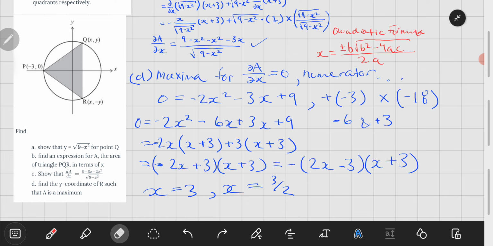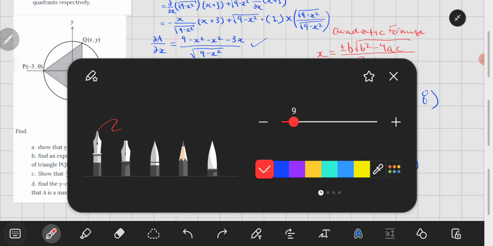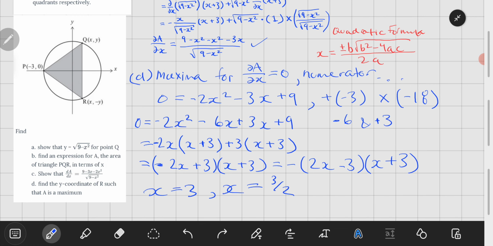So now that we have our x values, we just have to plug these into our y equation, which is y is equal to the square root of 9 minus x squared, which is the same as evaluating plus or minus the square root of 9 minus x squared.